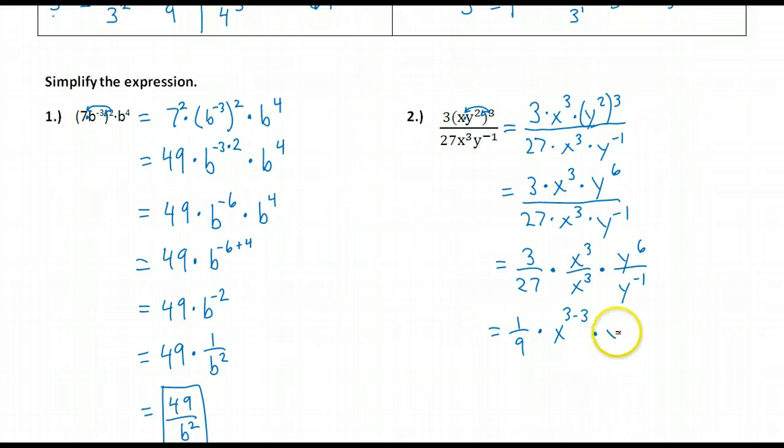Notice that it's 6, my top number, minus negative 1. So I simplify down. 3 minus 3 is 0. 6 minus negative 1 is 7.